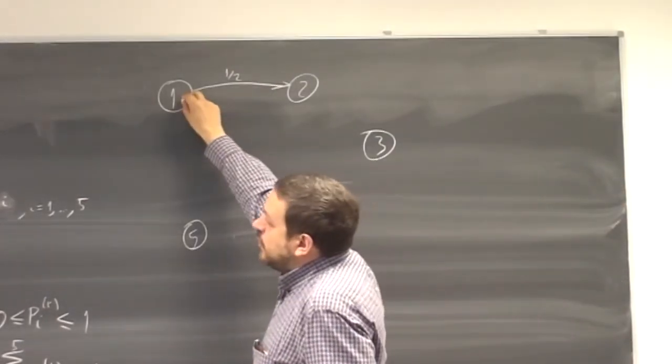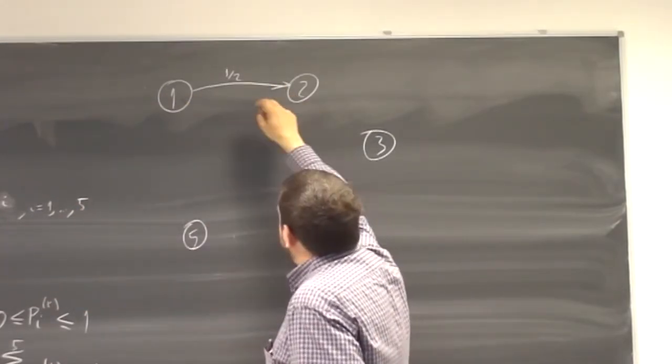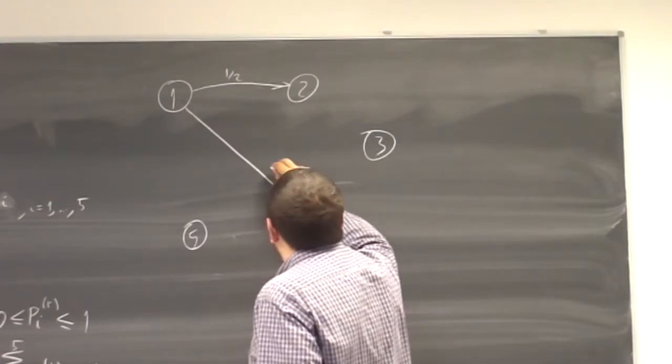So for example, player 1 gives half to the second player and half of his deck to the fourth player.